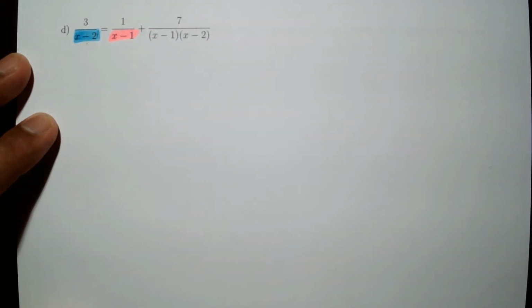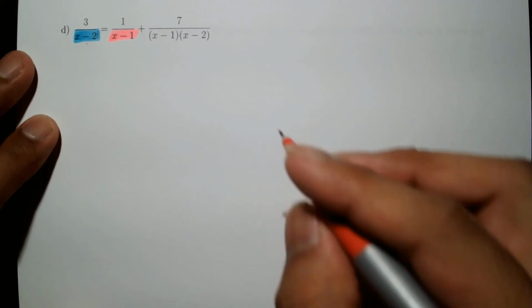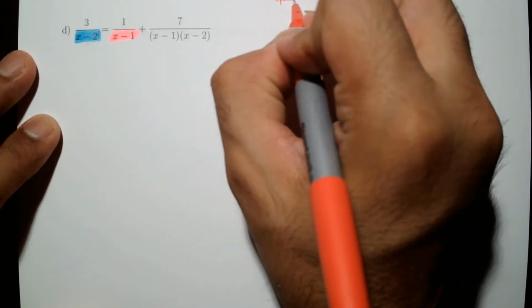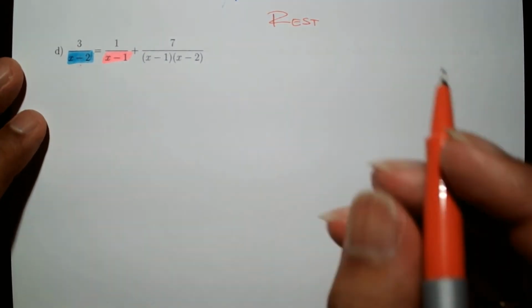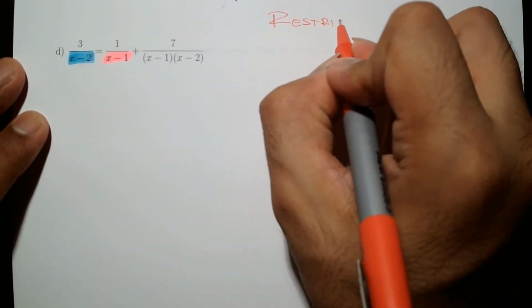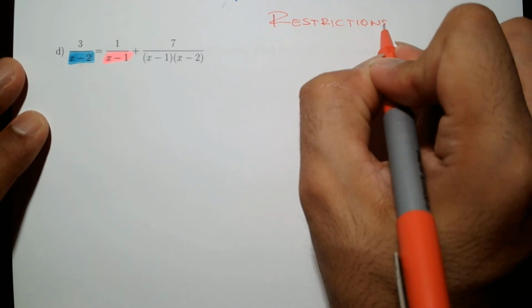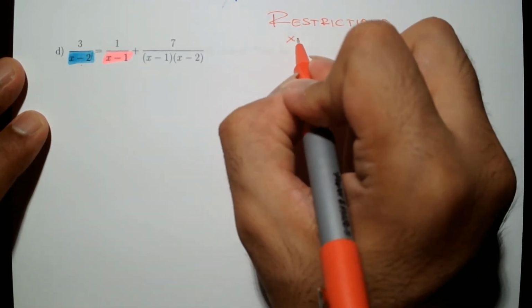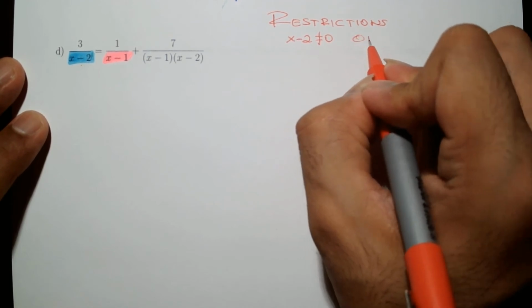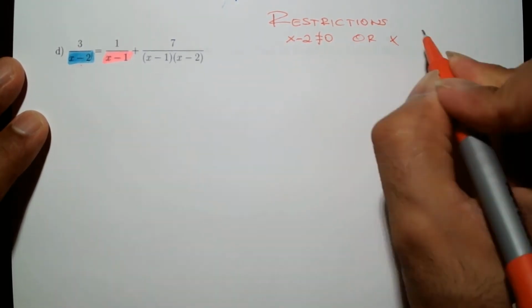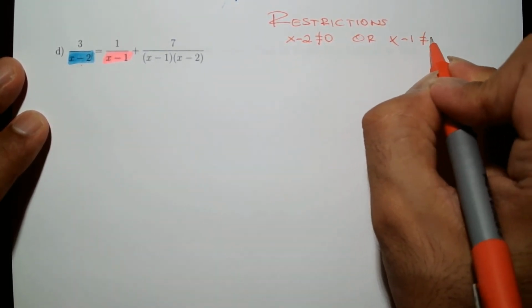Alright, and let me write this with red. Restrictions. So number one, x minus 2 cannot be 0, or x minus 1 cannot be 0.